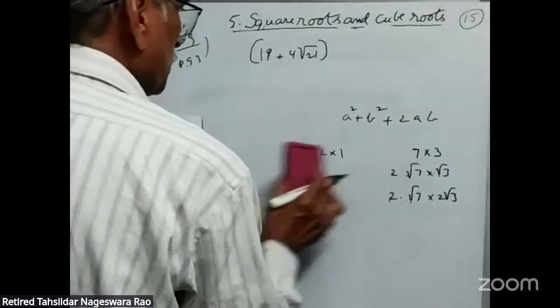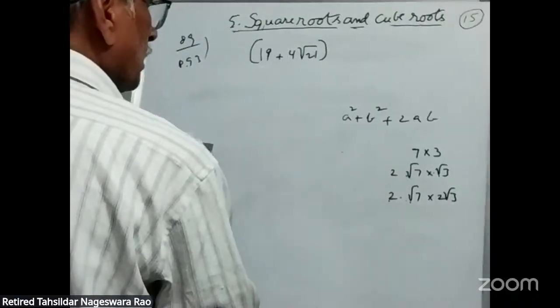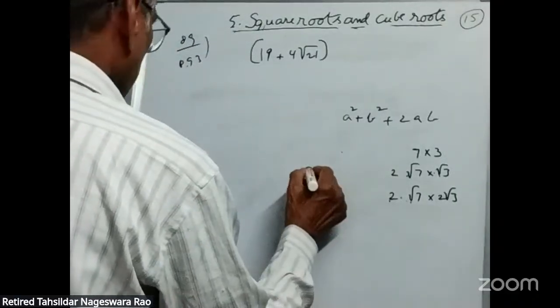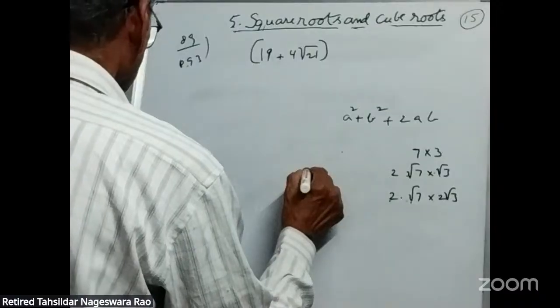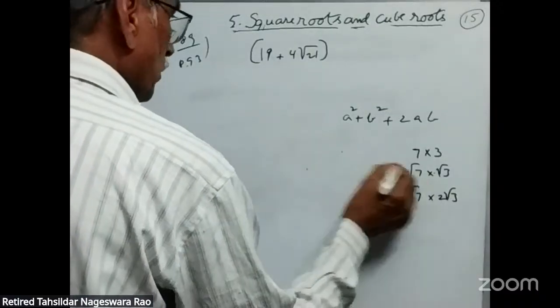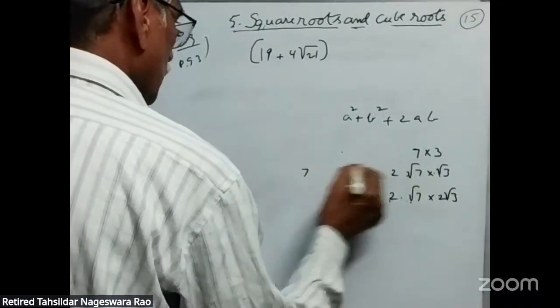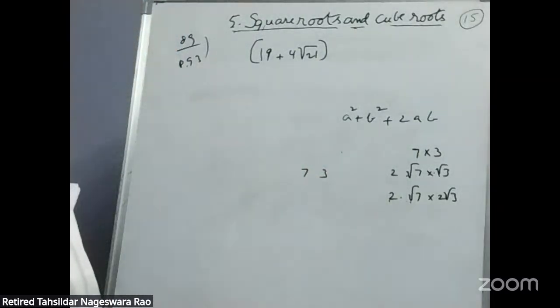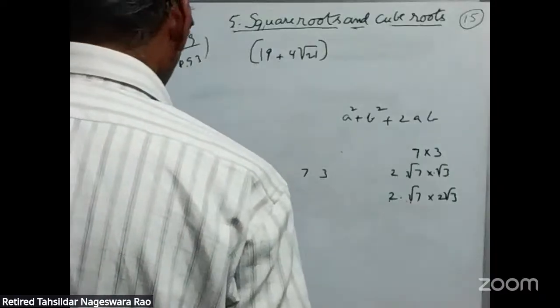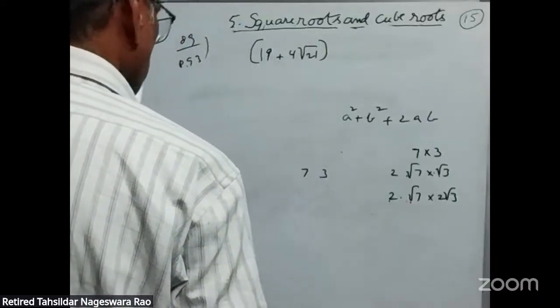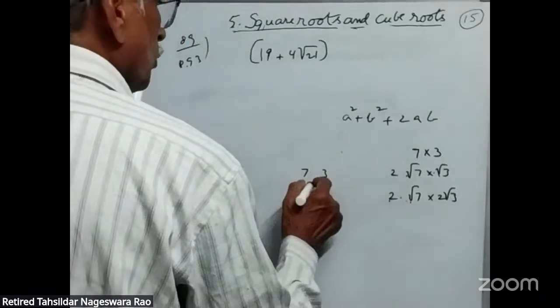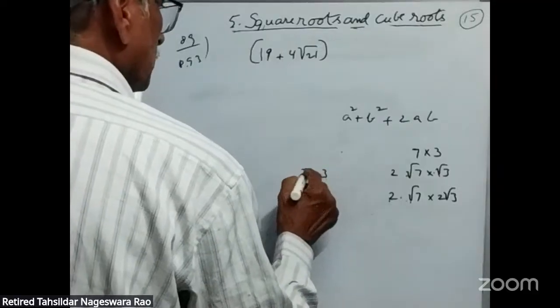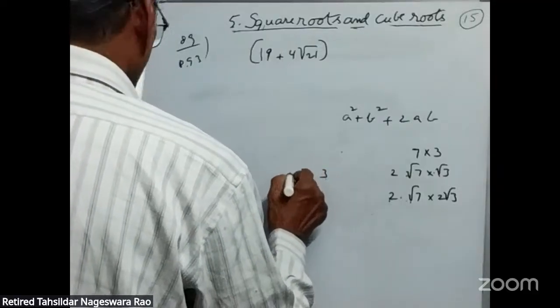What are the possibilities? If it is root 7 square, of course 7, 2 root 3 square, of course 3. Then we will not get here multiplied by 2.